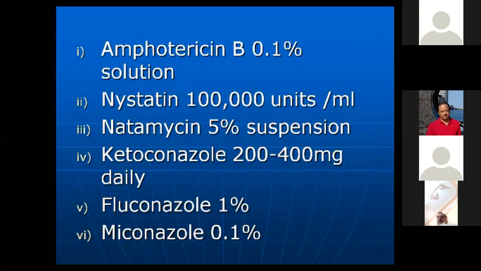Ketoconazole, only available in the form of tablets, and the dose is 200 to 400 milligram daily. Fluconazole, in the form of eye drops, 1%. Miconazole, available in eye drops, 0.1%. So these are the 6 important antifungal drugs which are used in various fungal infections of the eye, particularly fungal keratitis.